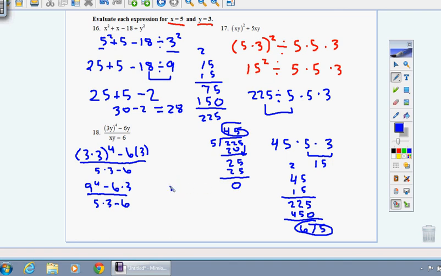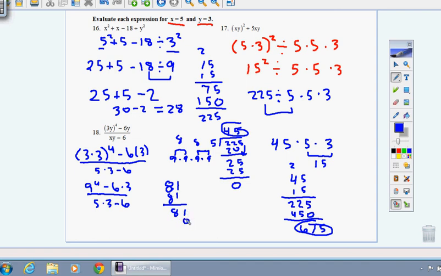Well, 9 times 9 is 81. And 9 times 9 is 81. So I have 9 times 9 times 9 times 9. I know that these two are 81, and these two are 81. So I have to do 81 times 81 to figure out what 9 to the 4th is. So I'm going to have 1 times 1 is 1. 1 times 8 is 8.